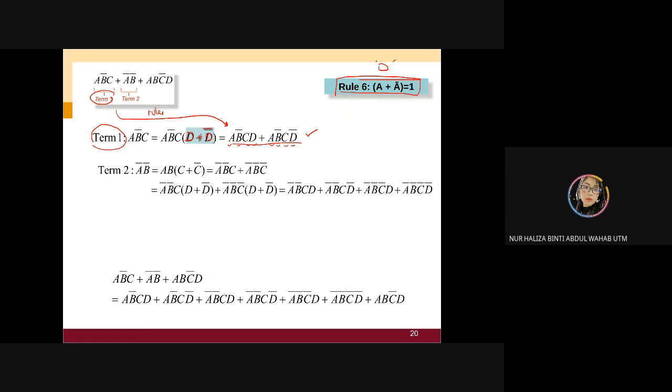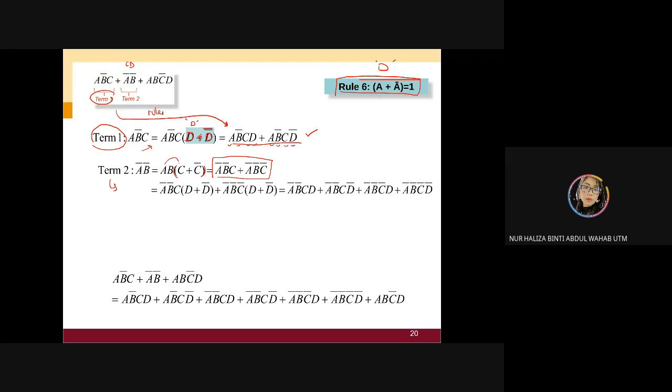Well, for term 2, you have A and B only. You didn't have C and D. That's why your steps will be quite long. If only referring to term 1, you only didn't have the D. So you can see over here, first you need to multiply with C. Then you get this SOP.